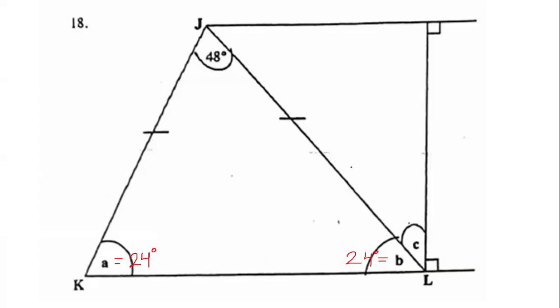I want to know what C is. What is C? C is equal to how many degrees? And I'm gonna include this one. Let's call this one D. I want to know what D is.